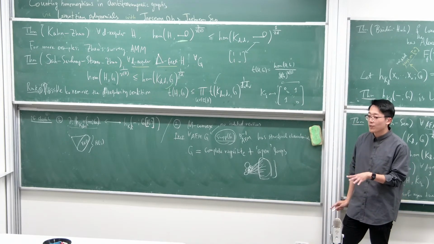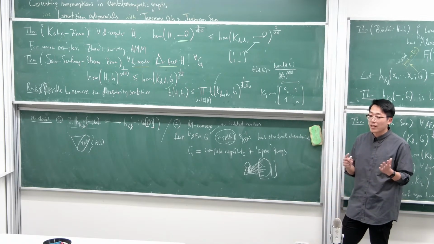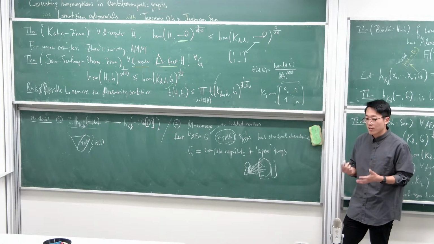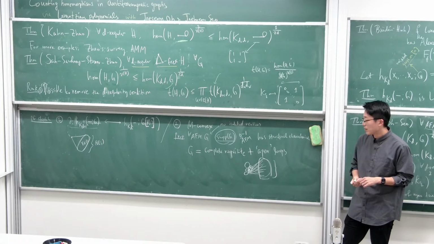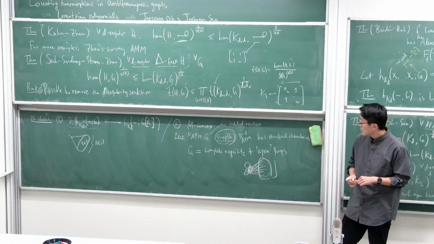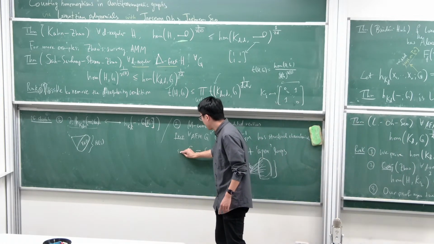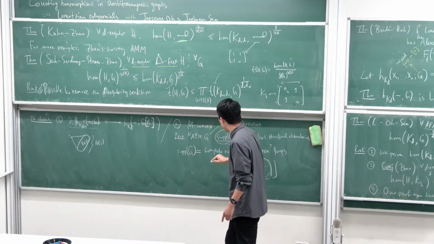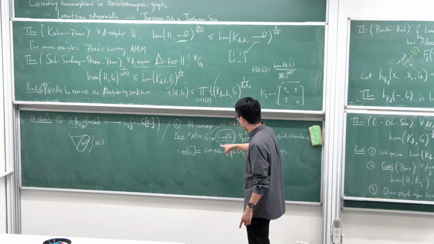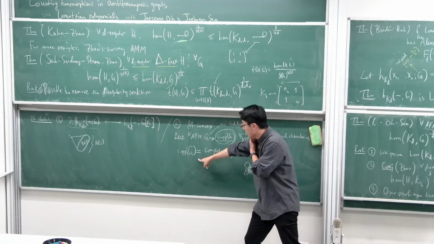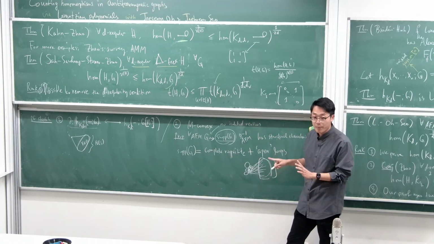So this is a full characterization of 0, 1 antiferromagnetic graphs that you can actually work out. Given this, I turn it to a 0, 1 matrix, and then the support is actually complete r-partite plus apex vertices.